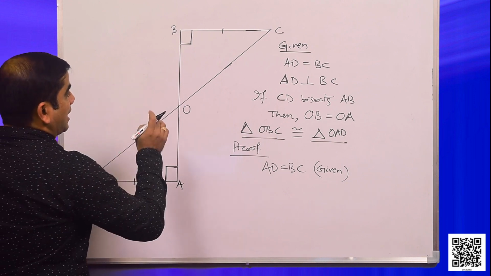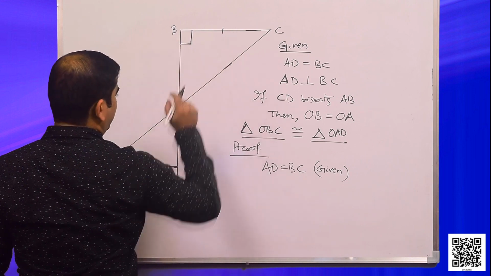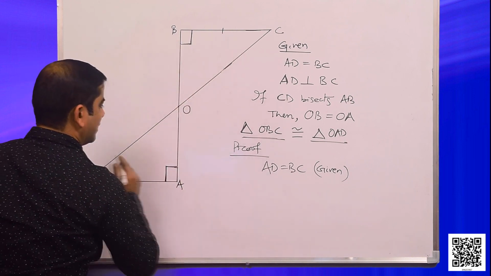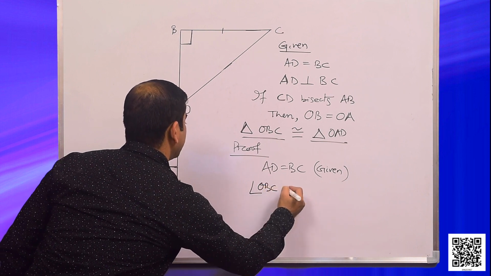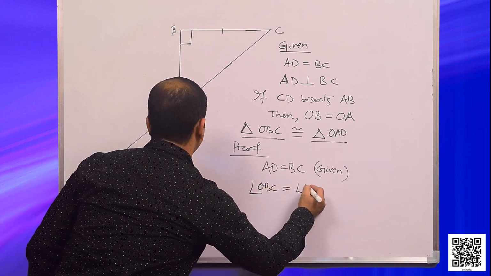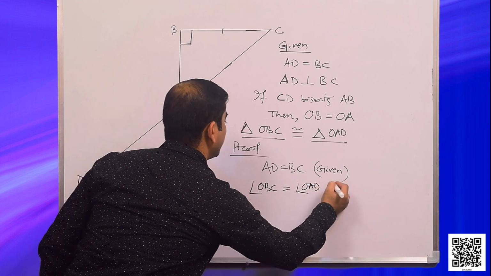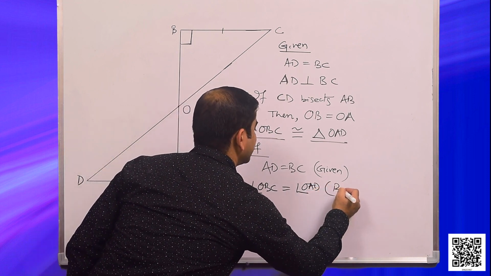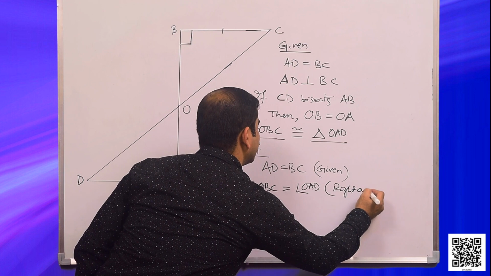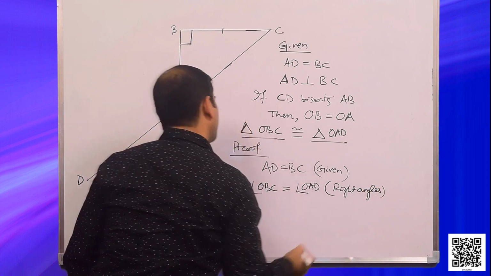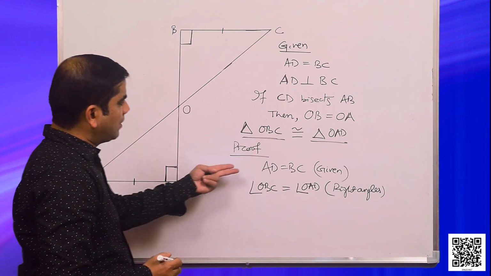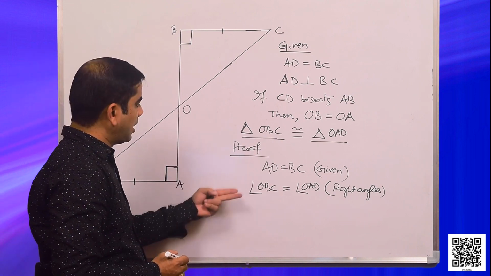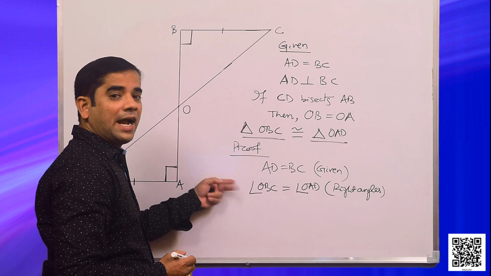That means angle OBC is equal to angle OAD. Why? They are right angles. Okay. Now, we have a pair of sides equal to each other and a pair of angles equal to each other.